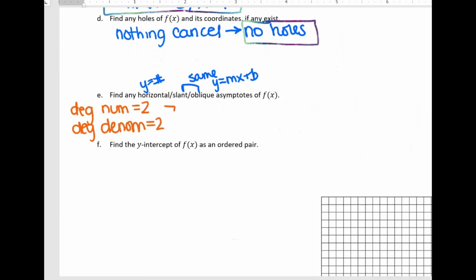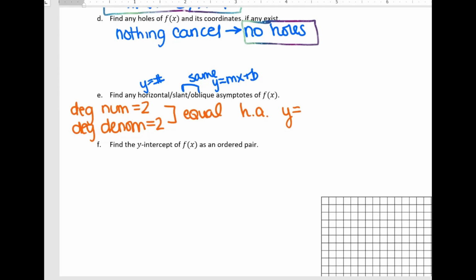And because they are equal, that's when you have a horizontal asymptote, an HA, of y equal to the ratio or fraction of your coefficients.